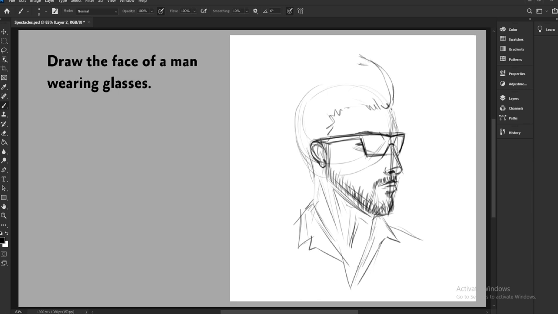So let's give a modern hairstyle like this.